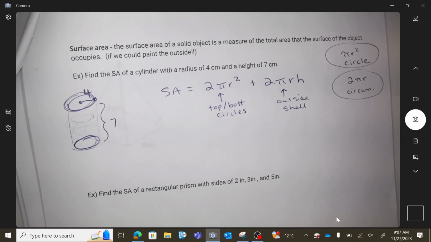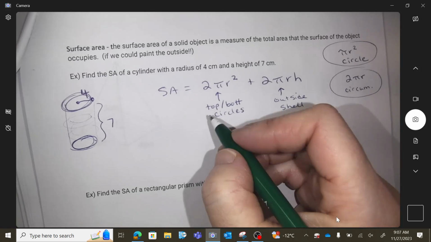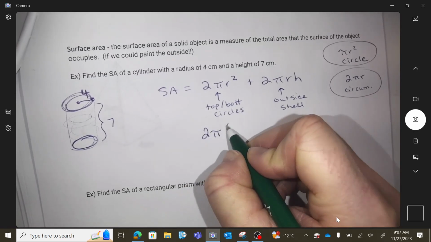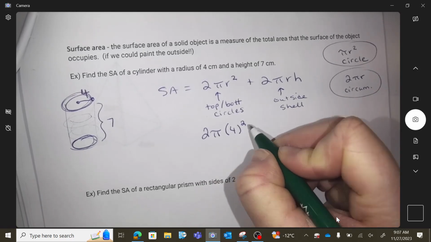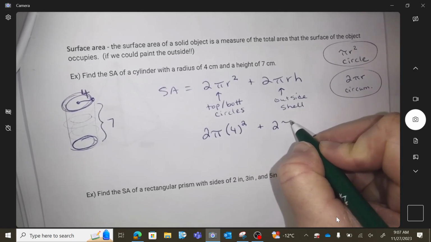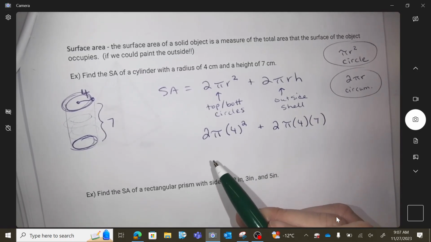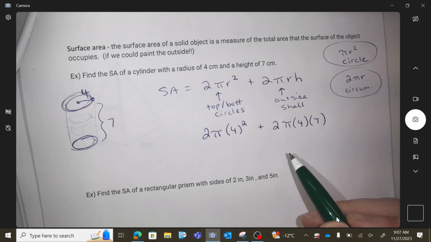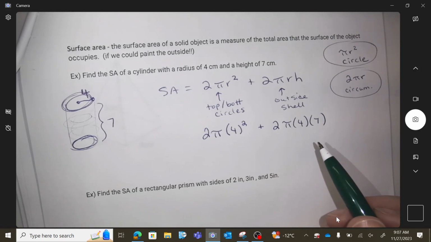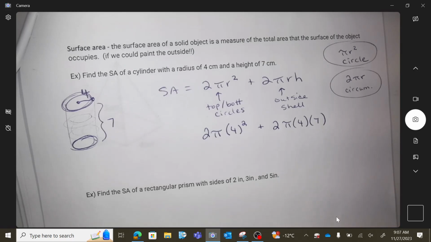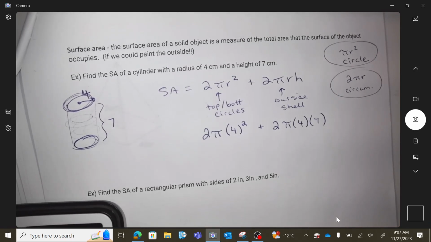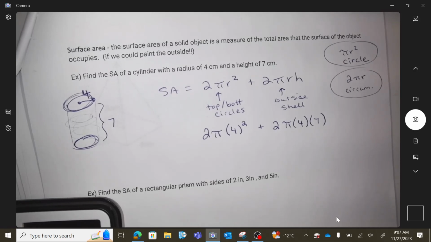Okay, so now let's fill in. So 2 times pi times 4 squared plus 2 times pi times 4 times 7. You should be able to type that fluently all at once. Please make sure you're not just waiting to see the answer, that you're typing, because the typing is the most important part, that you know how to do the calculator's work.